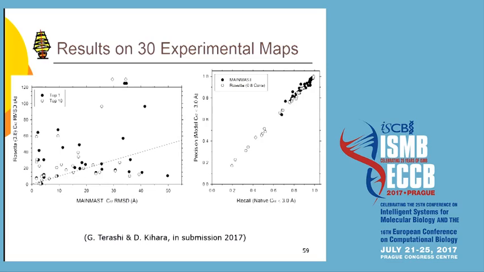In the majority of the cases, MAINMAST is doing well. This is again counting the percentage of amino acids within 3 angstrom. MAINMAST is always getting 70% or higher. Sometimes Rosetta fails to do the fragment mapping, and that makes this low coverage.